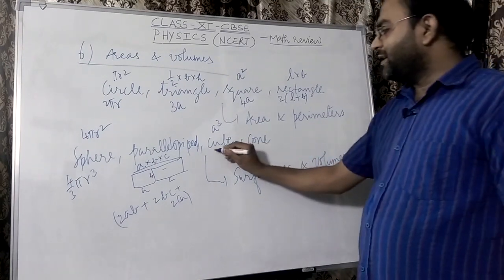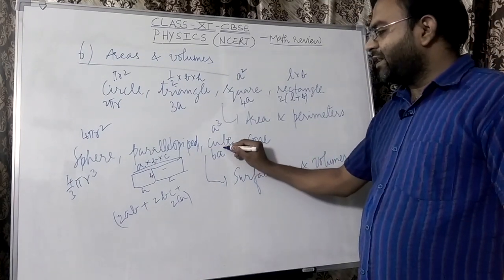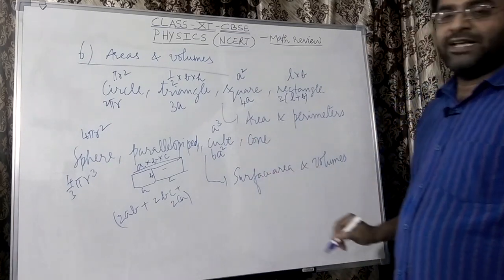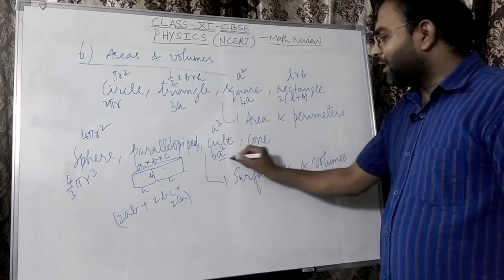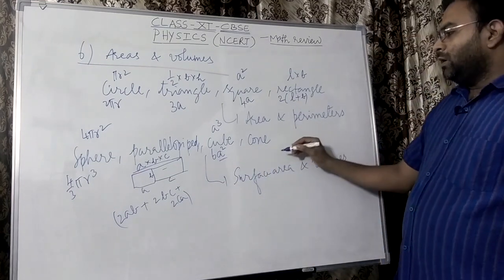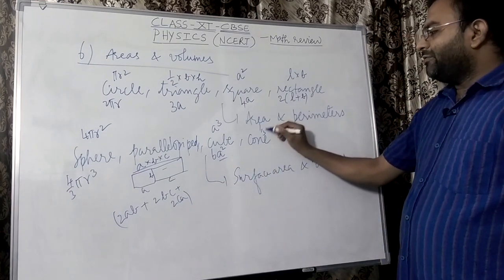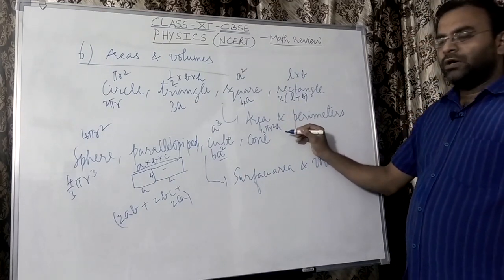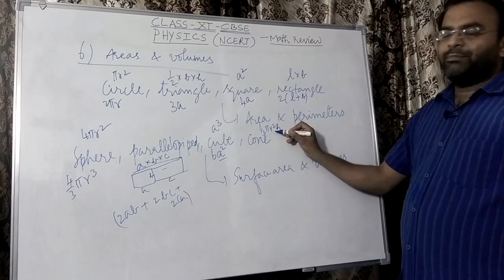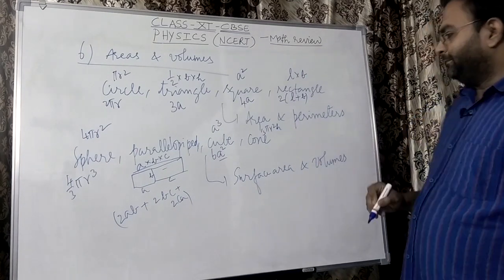For a cube, the volume is A cubed. And the surface area is, there are 6 faces, each having area A squared. So it's 6A squared. Of course the cube side or edge length is called A. For a cone, the volume is 1/3 of pi r squared h if the height of the cone is h and the base radius is r.